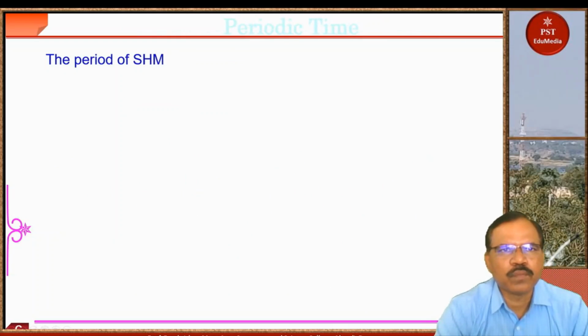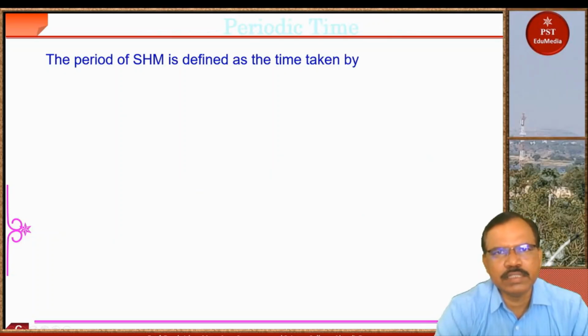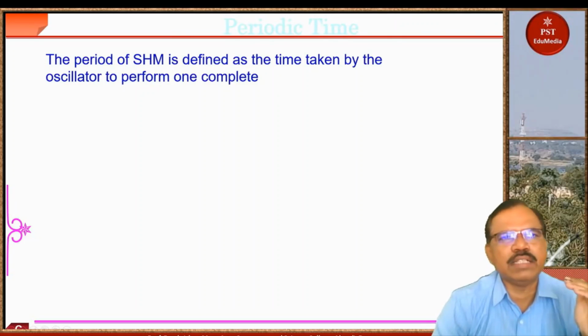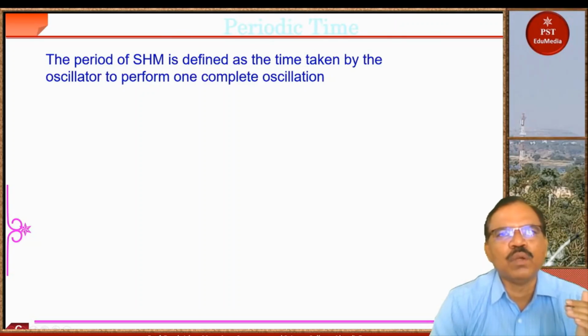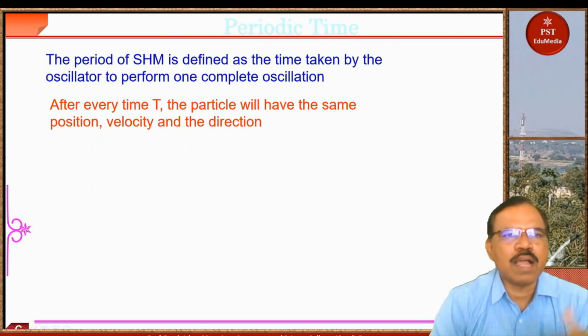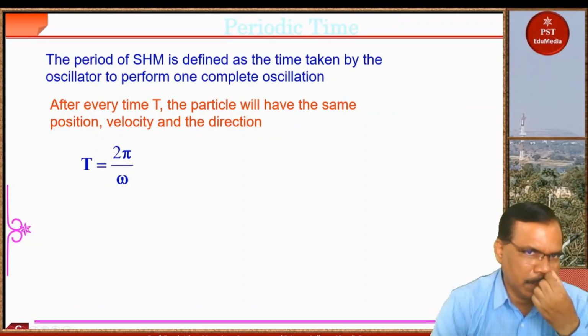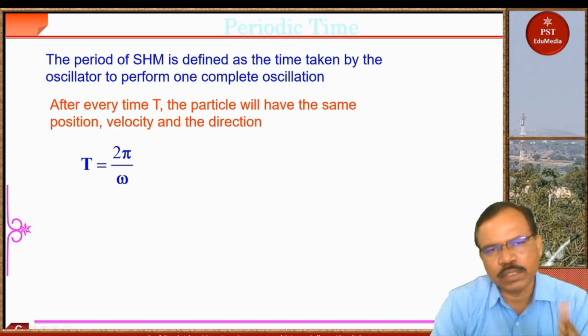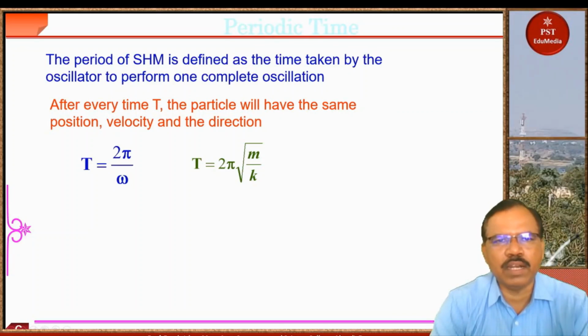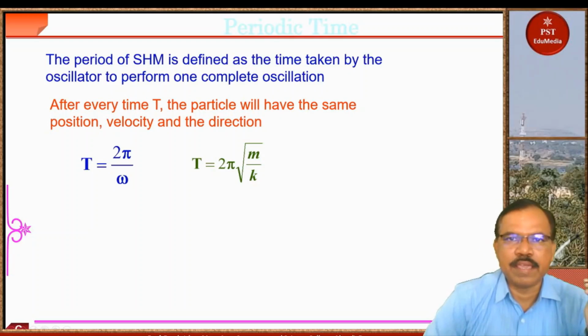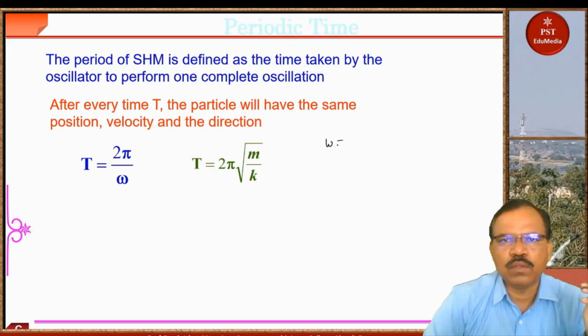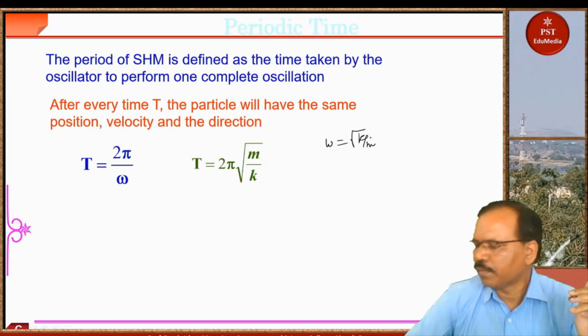Now we'll go to the period of SHM, which is defined as the time taken by the oscillator to perform one complete oscillation. After every time T, the particle will have the same position, velocity and direction. So T is equal to 2 pi upon omega, we have already seen. So T is equal to 2 pi under root m by k, because omega is equal to under root k by m.